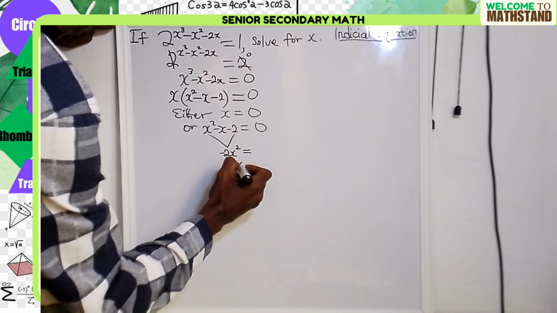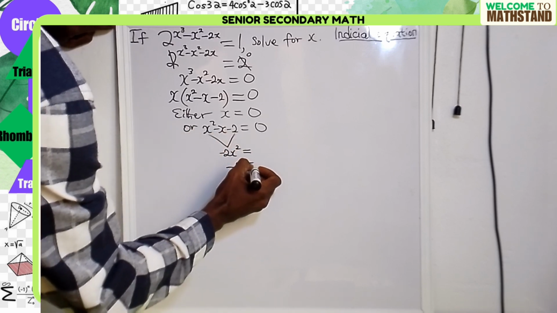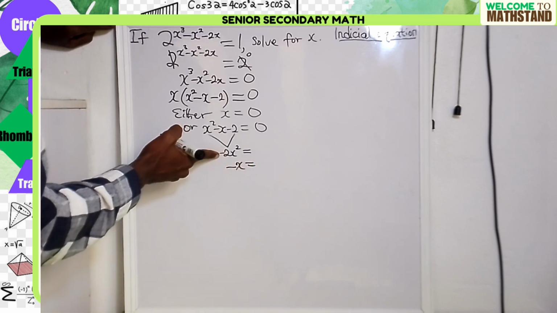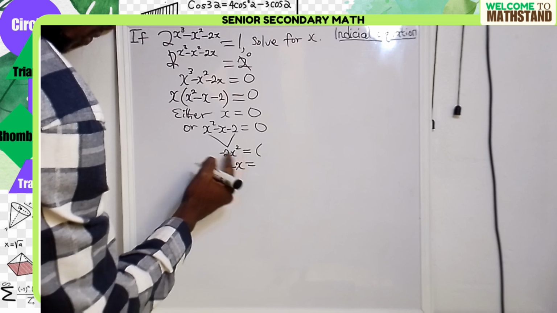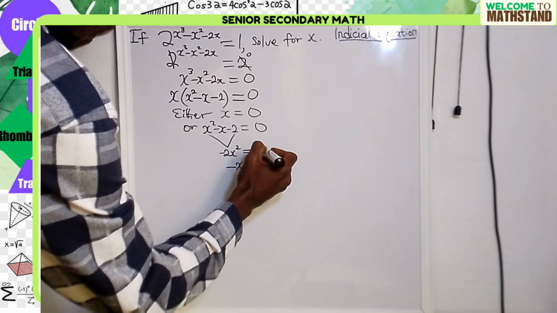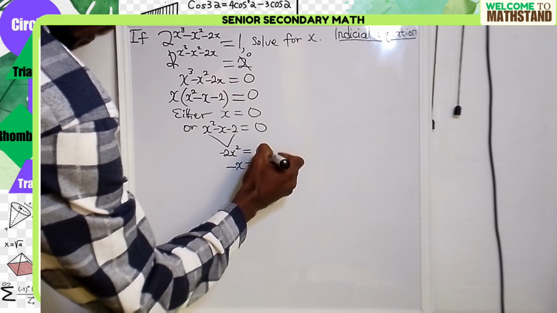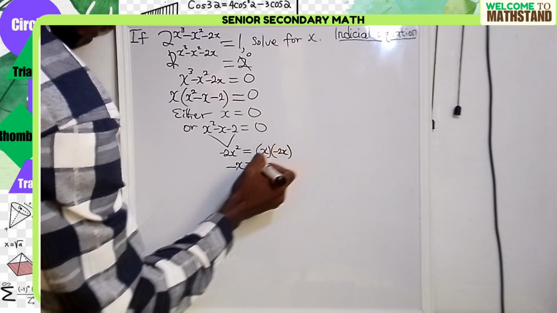So we are looking for two things that when we multiply them, we'll have minus 2x squared, and when we add them, we'll have the middle term, which is minus x. So from here, you look at this, the two numbers are x and minus 2x.